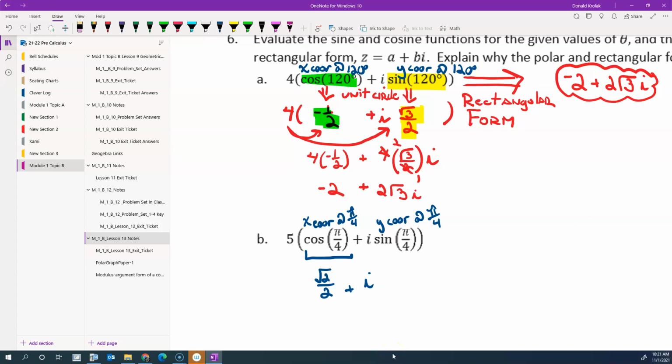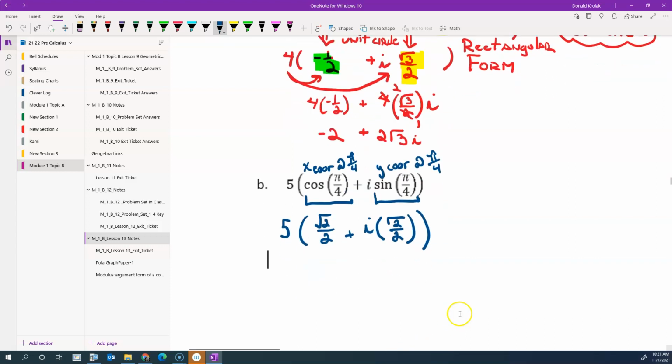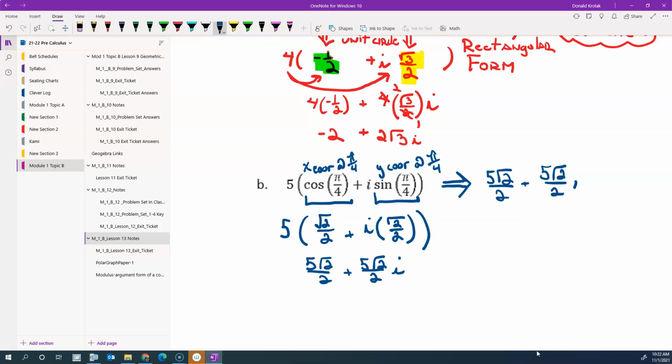And this is root 2 over 2. Times 5. There's your answer.